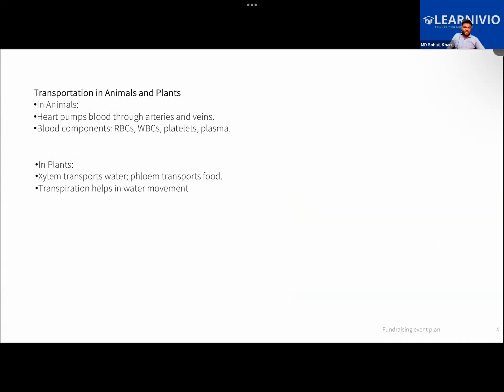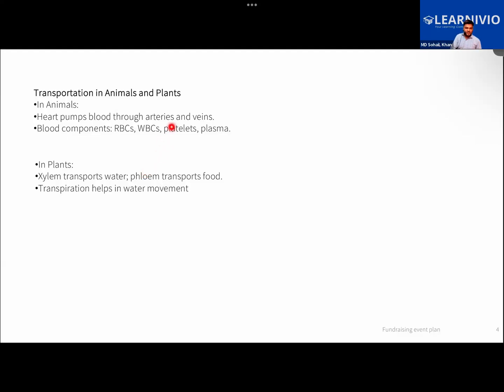Then we learned the chapter Transportation in Plants and Animals. We learned why transportation of different substances like food, oxygen, water, and carbon dioxide is essential in the body of plants and animals. In animals, the heart pumps the blood through arteries and veins.